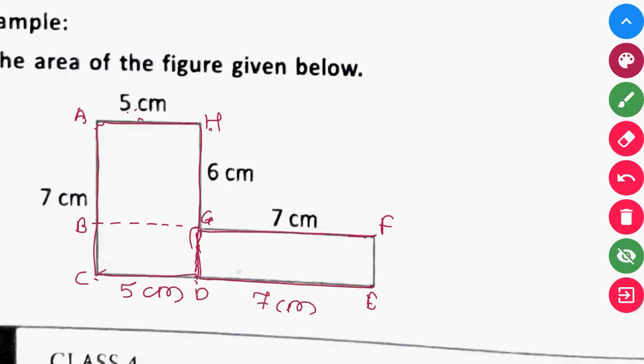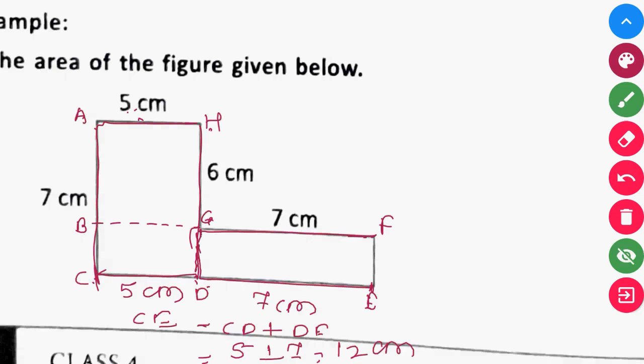Because this is also another rectangle and opposite sides are of equal length. Now what is the length of CE? CD plus DE. So the length of CE is 5 plus 7, that is 12 centimeter.